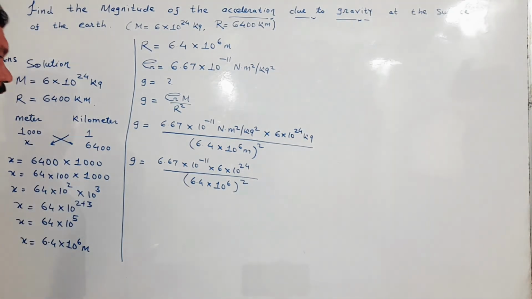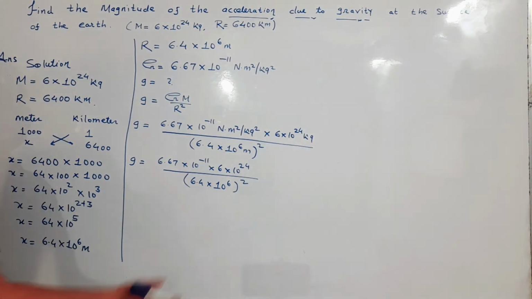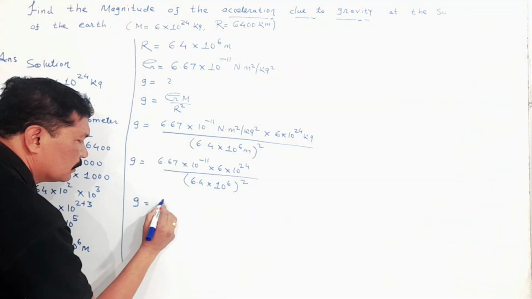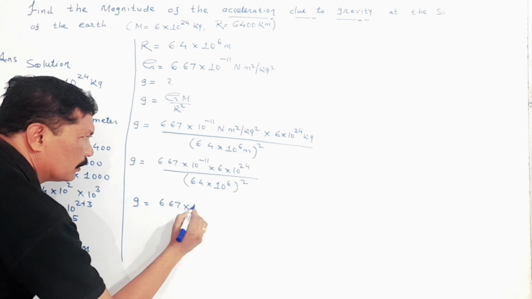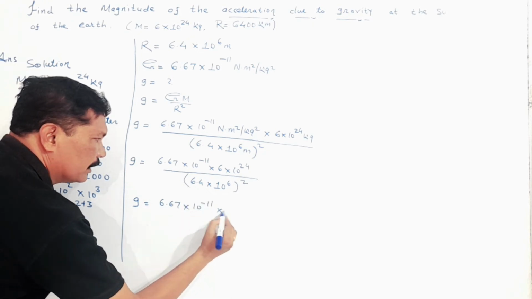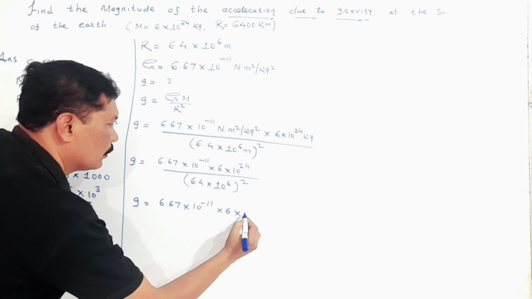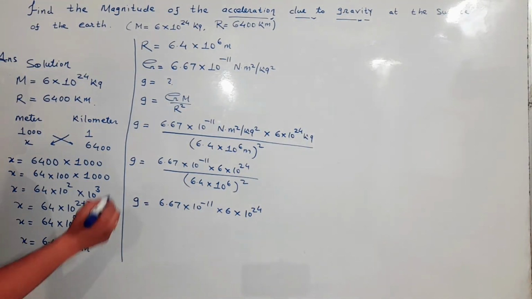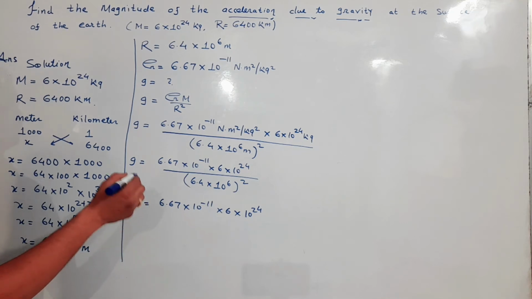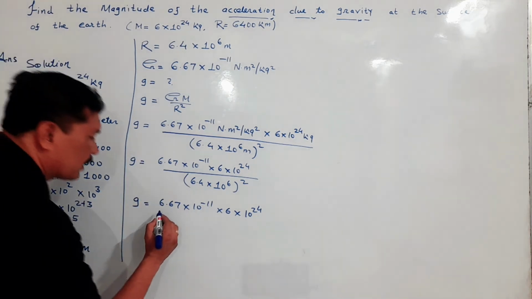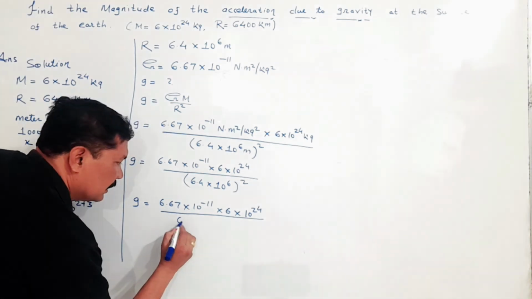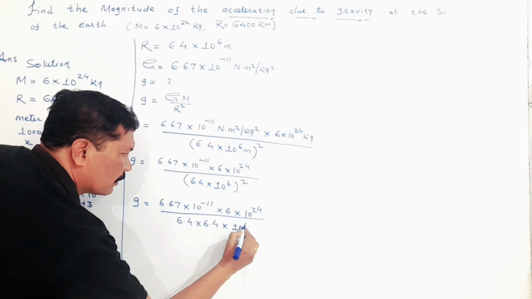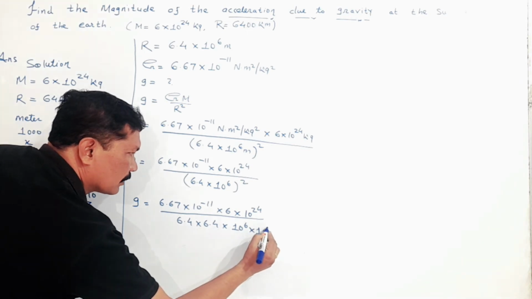whole square. g is equal to 6.67 into 10 to the power minus 11 into 6 into 10 to the power 24 divided by 6.4 into 10 to the power 6 whole square. Now my dear student, here we will try to remove the bracket. This 6.4 into 10 to the power 6 whole square we can write in this way: 6.4 into 6.4 into 10 to the power 6 into 10 to the power 6.